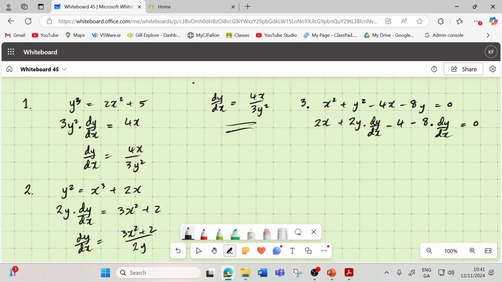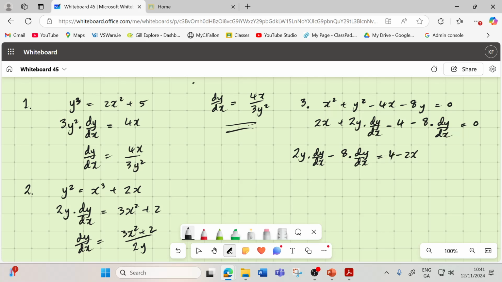So minus 4y, and the dy dx term stays made for dy dx. Now, for the dy dx terms with y, and for the x terms like the others. And then we factorize. So 2y times dy dx minus 4 times dy dx equals 6 minus 2x, or 2x minus 6.